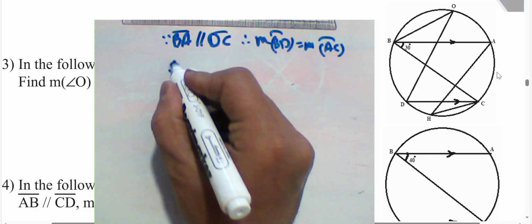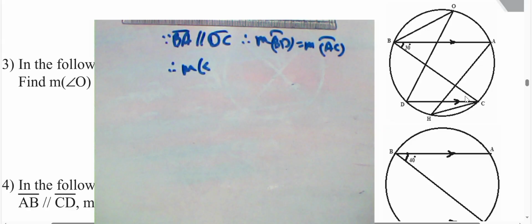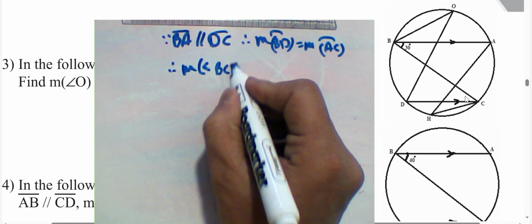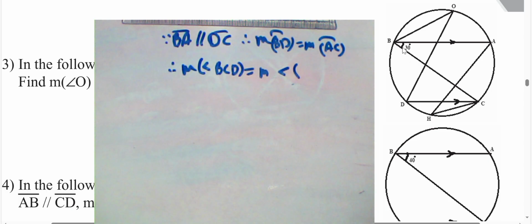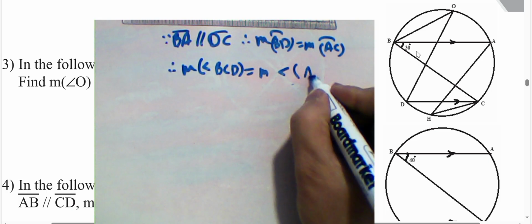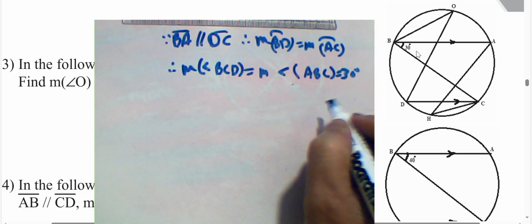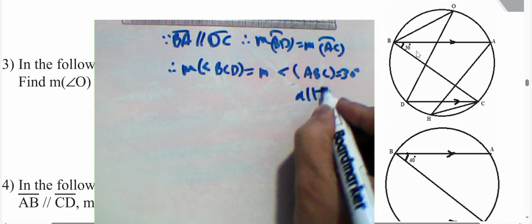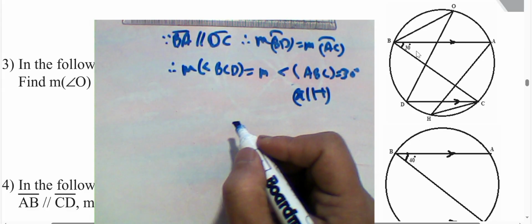Okay, and also the measure of angle BCD, this angle, will be equal to the measure of angle BC, which equals 30 degrees. We call them alternate angles. They are equivalent.